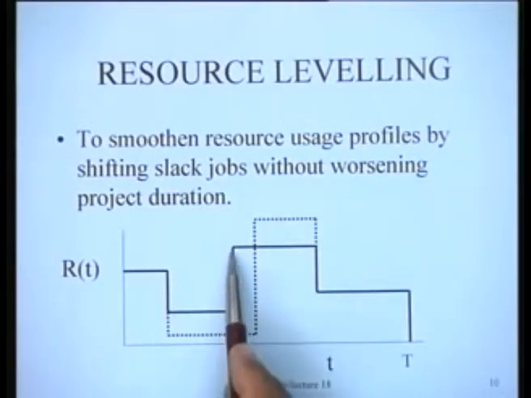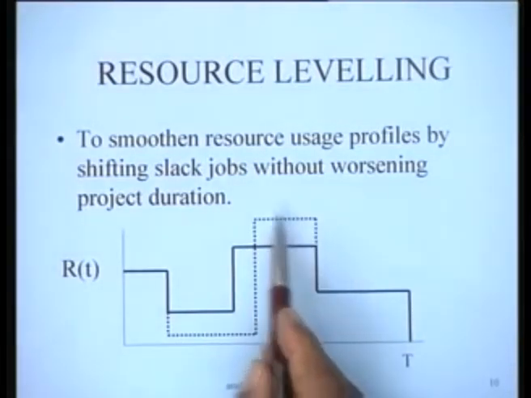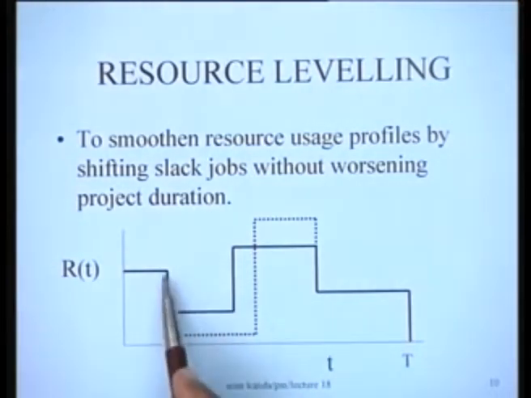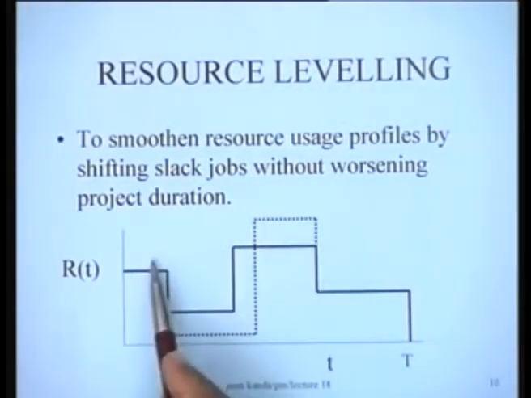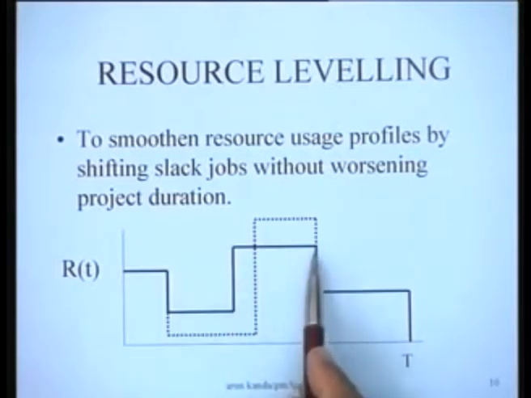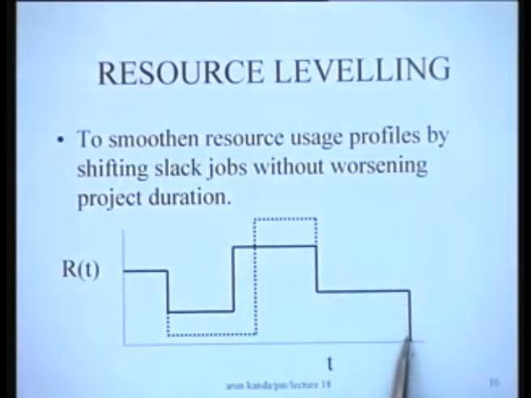So this particular revised profile that we obtain from the original resource usage profile by shifting certain slack jobs is now something like this. It's more level. It has better characteristics than the original profile, and this is how we obtain it. Notice that in this process we have not allowed the project duration to increase at all.